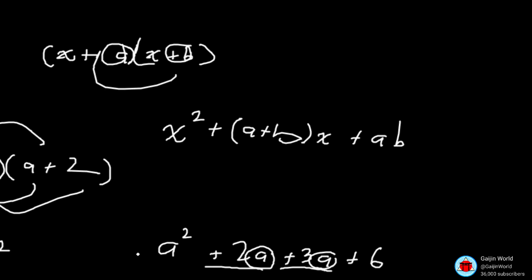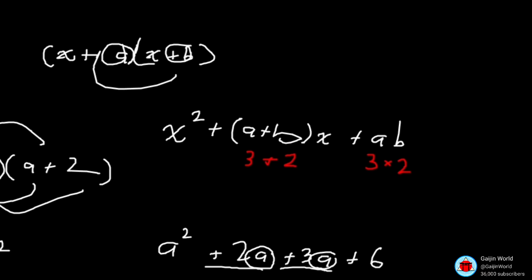So let's try it, alright? On the a side we got 3, right? So 3. And then on the b side we have 2. So 3 plus 2. And then at the end here, the a is 3, right? And then the b is 2. It's times because a times b is ab.